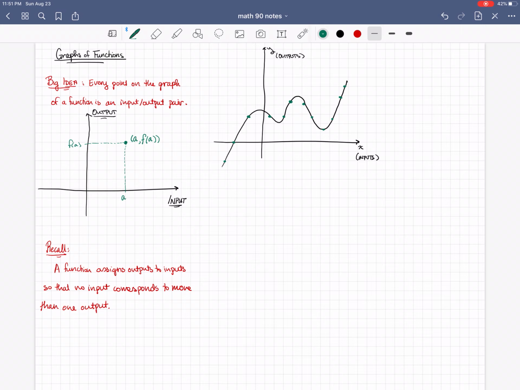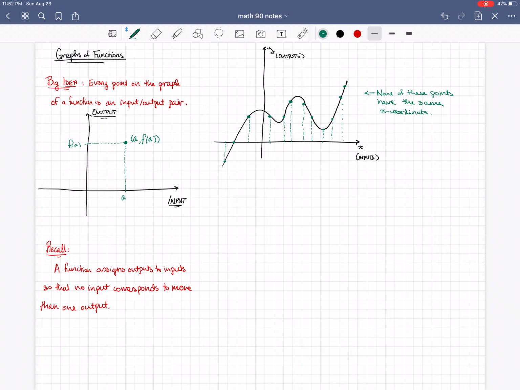And what we notice is that none of these points have the same x-coordinate. So you can see these, I'm going to bring them down to the x inputs axis. And you can see that all of these points have different x-coordinates.